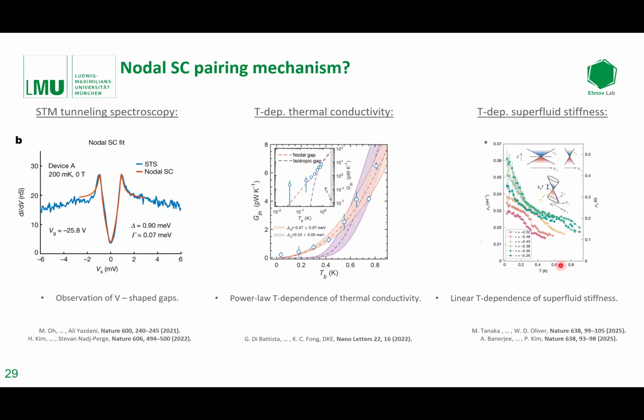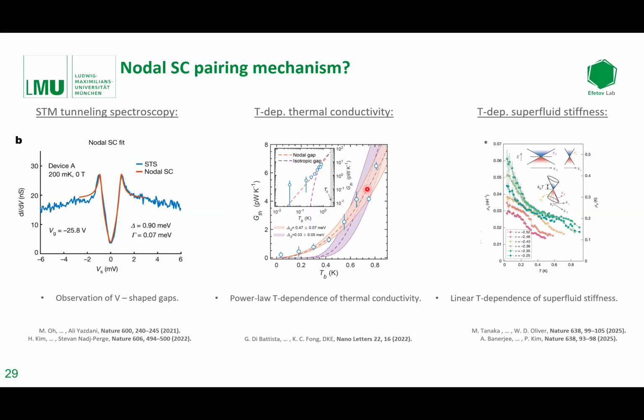What they were able to show is that if you measure superfluid stiffness as a function of temperature, from the lowest temperatures they could measure, the superfluid stiffness was not scaling as you would expect from an S-wave superconductor, as just constant close to zero temperature, but it really had this linear drop-off. So that is much more in line with a nodal scenario rather than an S-wave scenario.